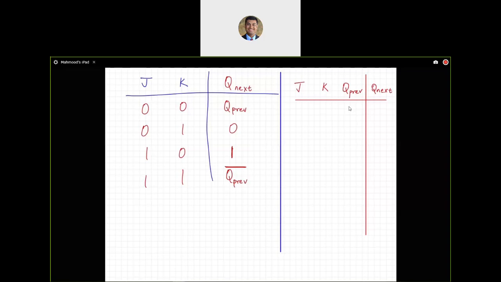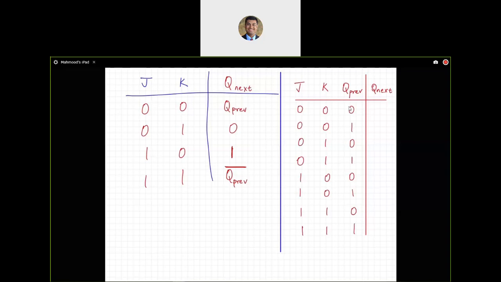Obviously, if I have three input columns, I'm going to have 8 options here that toggle at a particular rate. Q previous toggles alternately, 0, 1, 0, 1. K is going to change at half the speed, two zeros, two ones, and so on. And then J is going to go four zeros and four ones. So I've filled up all the possibilities between three binary variables, 0, 0, 0, all the way to 1, 1, 1.